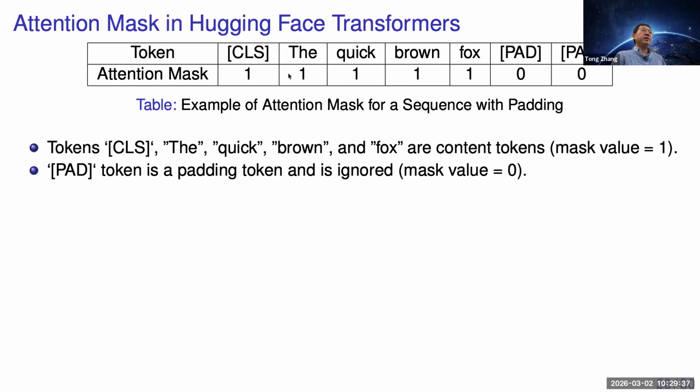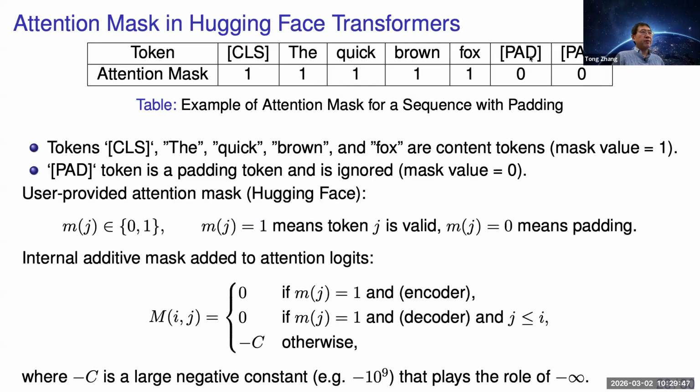And internally, if it's a decoder model, you also have a causal attention mask, right? That one we know. But this one is the padding attention mask, which you specify. So basically, it's 0 and 1 in the Hugging Face interface when you do the attention mask. Attention mask 0 means padding, 1 means valid.